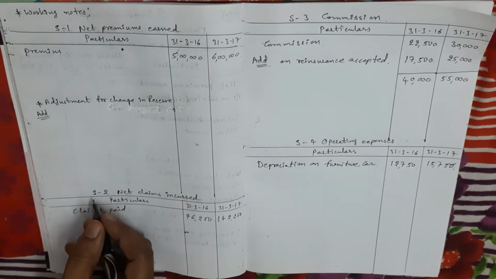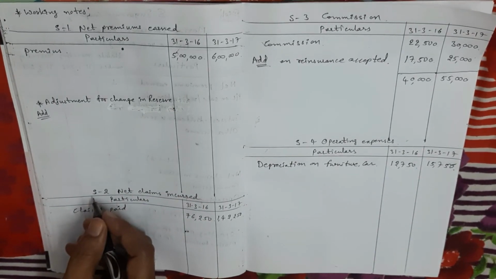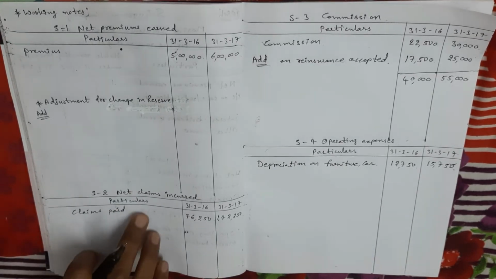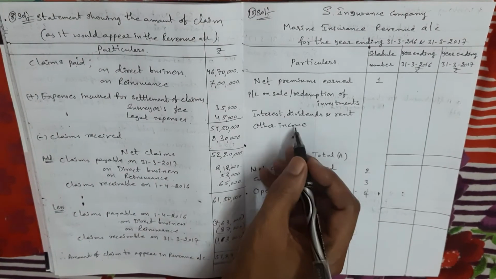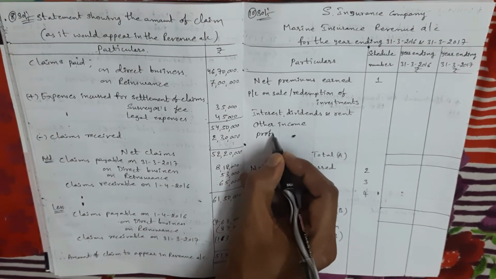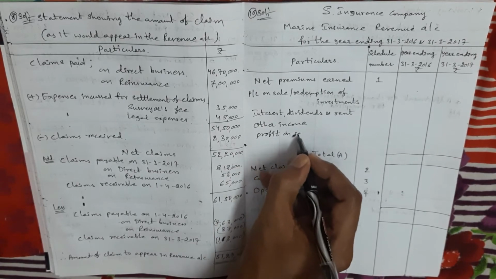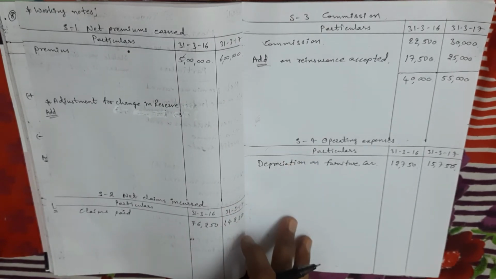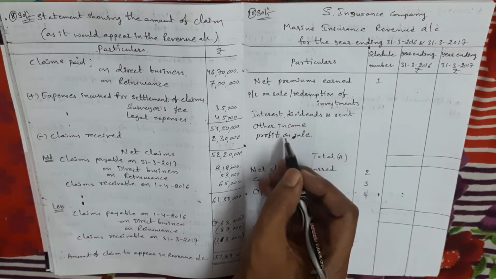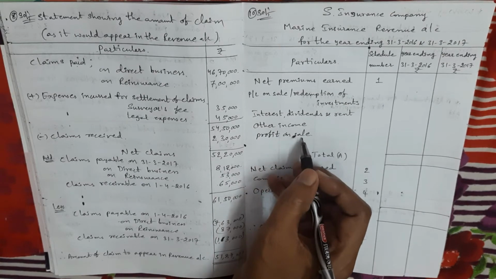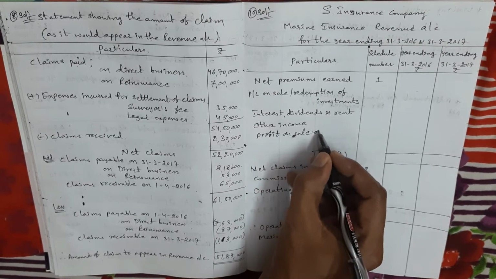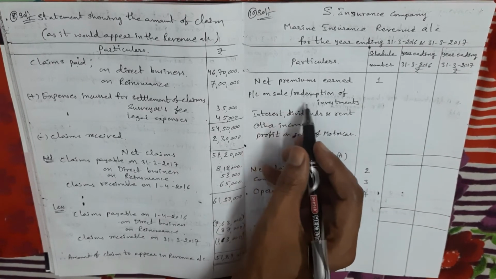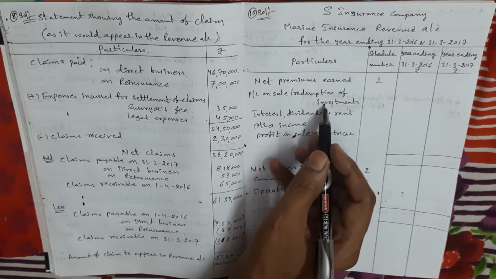Next, profit on sale of motor car. It comes in the revenue account directly under other income. Suppose it is a loss, we take it in schedule number 4, but profit means income, so we take it directly in the revenue account under other income. Suppose it is profit or loss on sale of investment, there is a separate heading for investment.